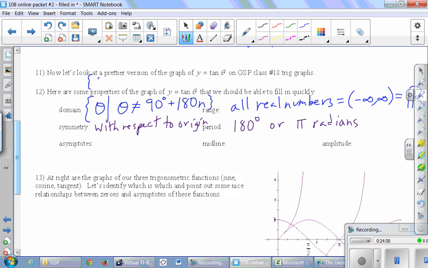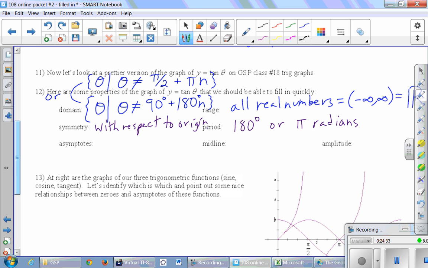So I'll just put it up here. All the theta is such that theta is not equal to, okay, what is 90 degrees in radians? It's pi over 2 plus, what is 180 degrees in radians? Just pi, and then times some arbitrary integer n. So either one of these is the domain.